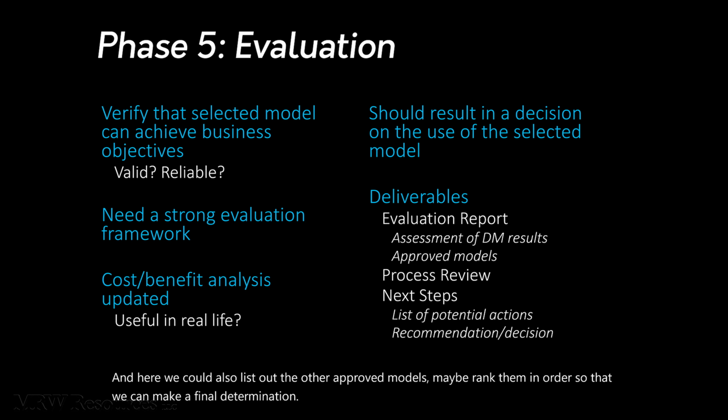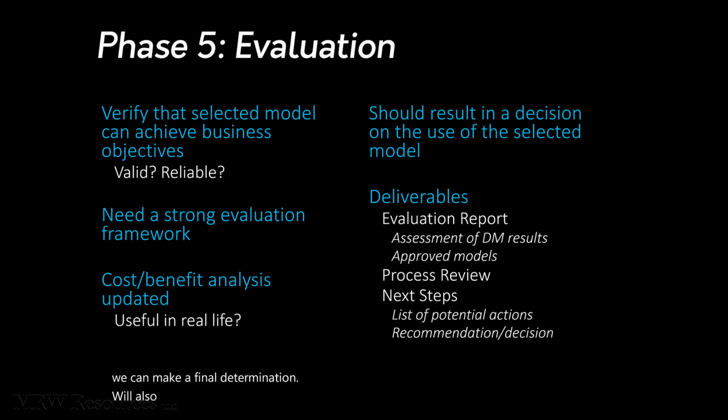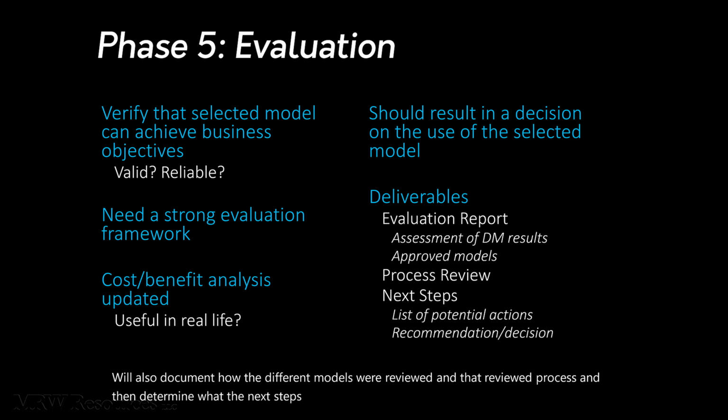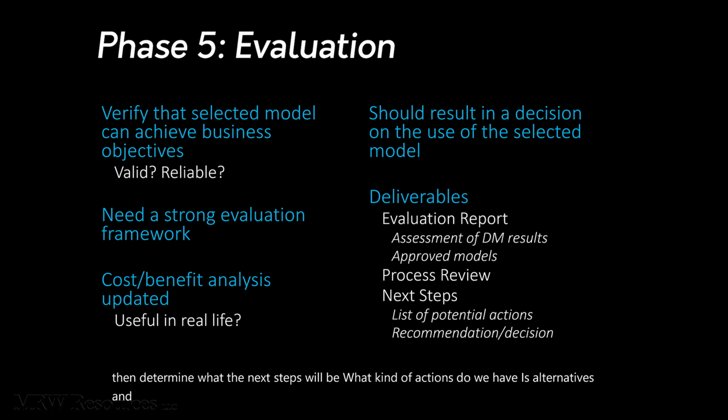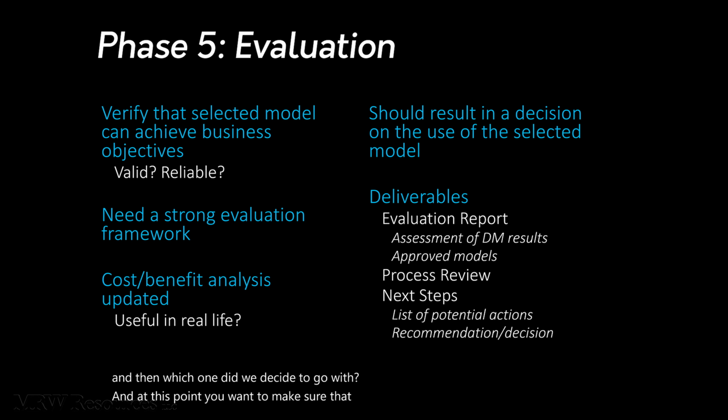We'll also document how the different models were reviewed in that review process, and then determine what the next steps will be. What kind of actions do we have as alternatives, and then which one did we decide to go with? And at this point, you want to make sure that that decision is signed off and approved by the various stakeholders.